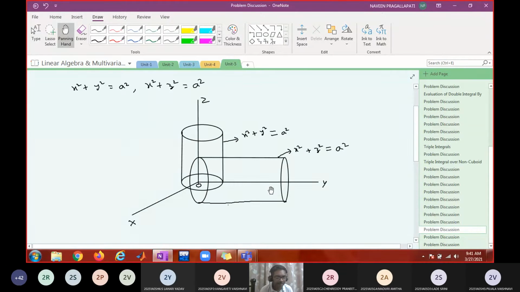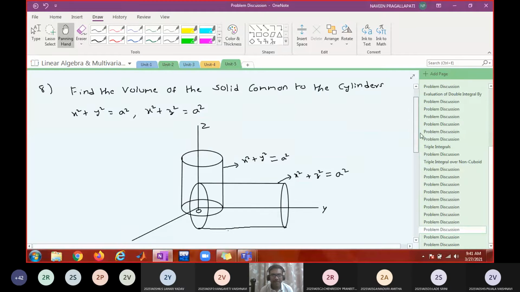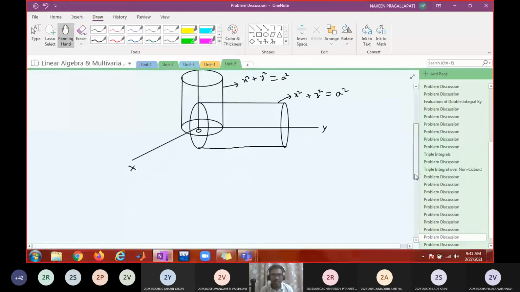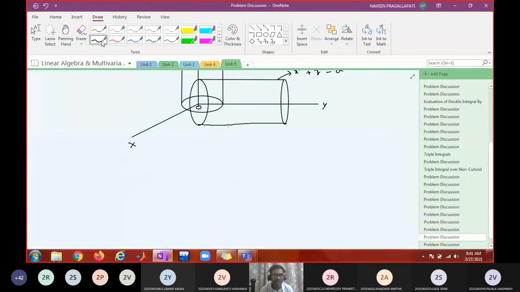Do you agree? Yes, sir. Okay, so again it is similar to the previous problem. Only thing, you should be able to visualize it.